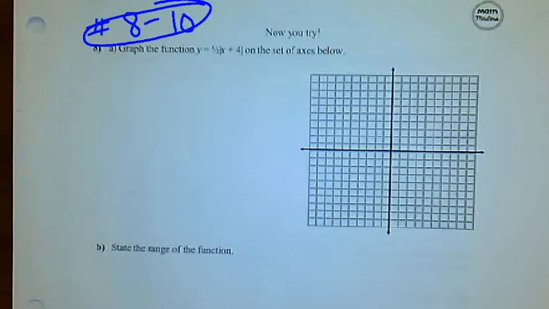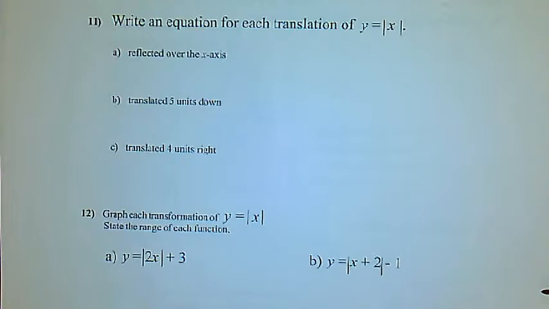So this whole entire page. Please make sure you read through. You're going to write homework, but you should be able to finish this in class. Numbers 8 through 10. Please let me know if you need help with a range, but try it out on your own as well.